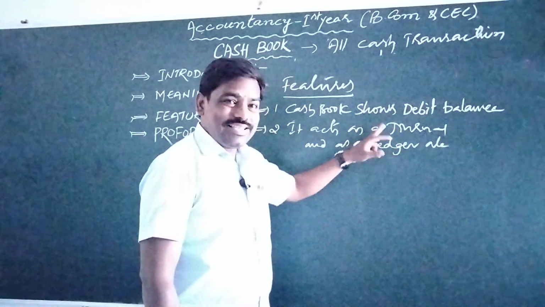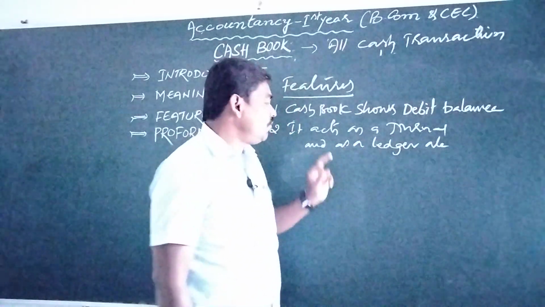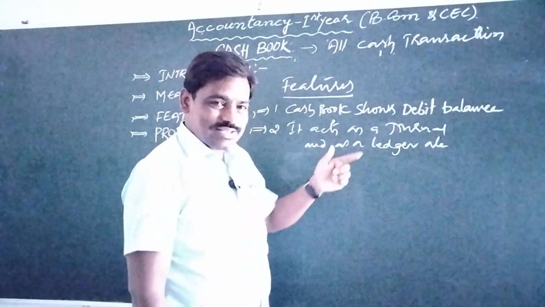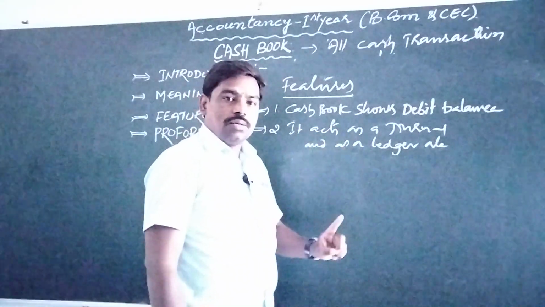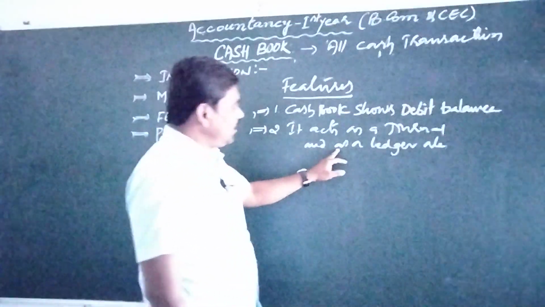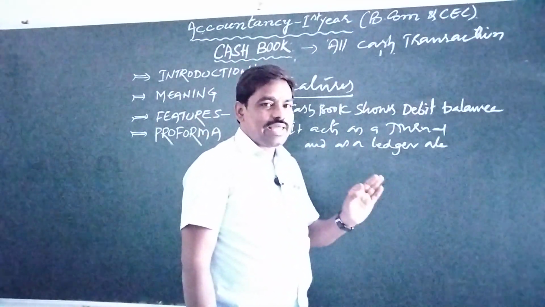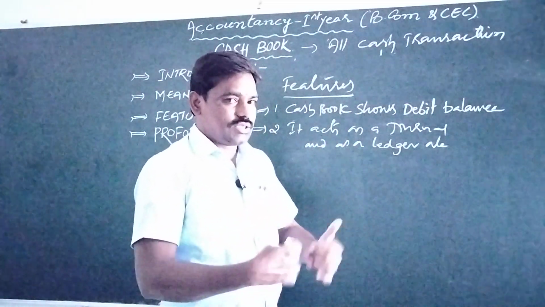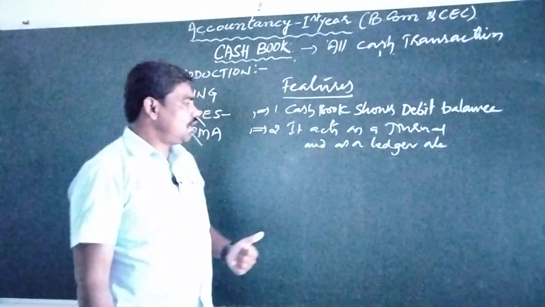A journal is the book of primary entry, or first entry. In the same way, we record all cash transactions first in the cash book, so it is called a journal, or the book of primary entry. And it is also called a ledger account. The cash book looks like a ledger account, and it possesses all the features of a ledger account.